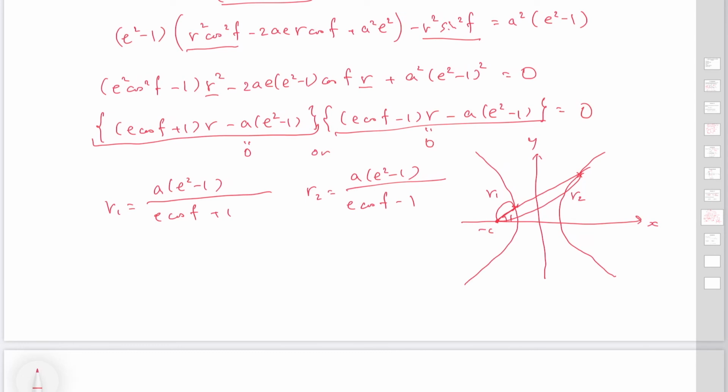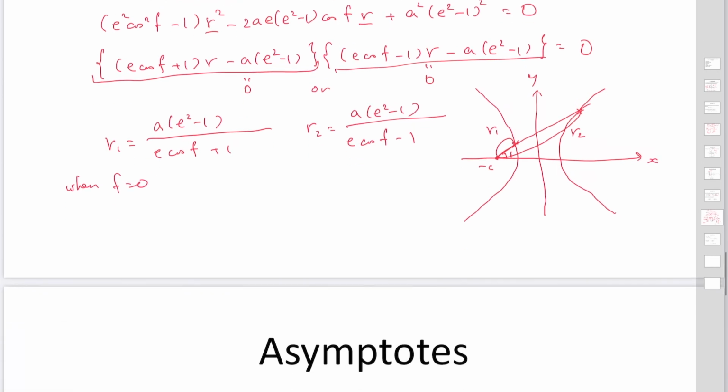Especially if you consider f equals 0, then r sub 1 becomes a (e minus 1). This is c minus a. This corresponds to this one.